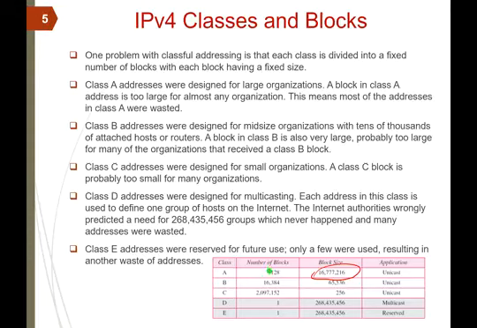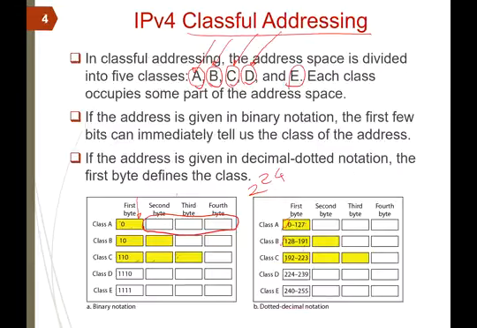So how many blocks do we have? Number of blocks for Class A. We said the first bit of the first byte is 0. So how many bits are left?